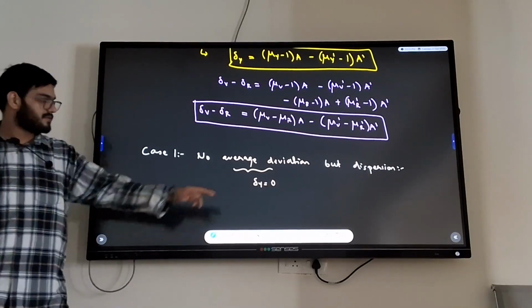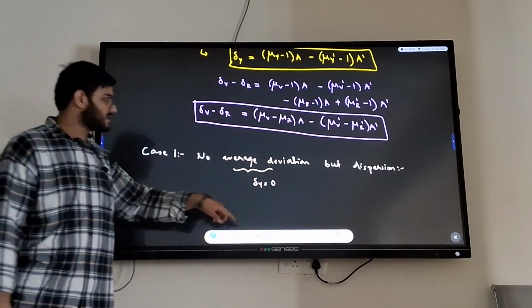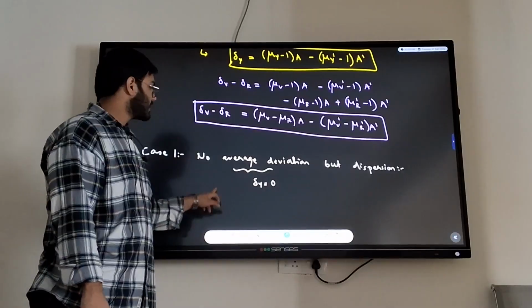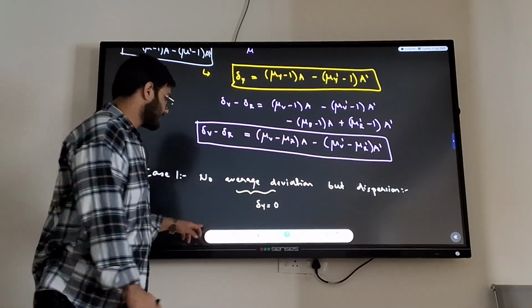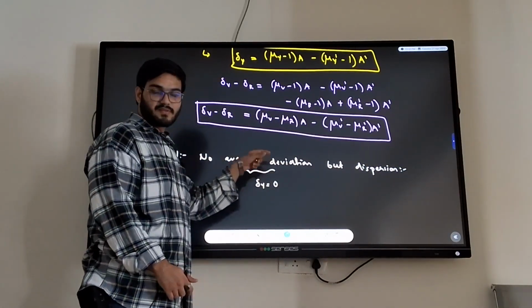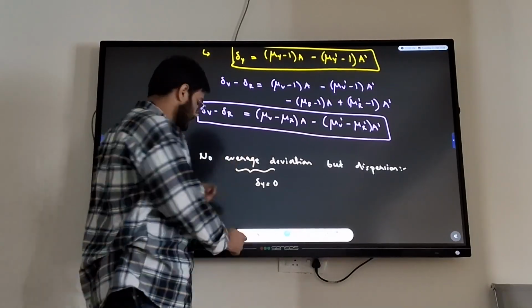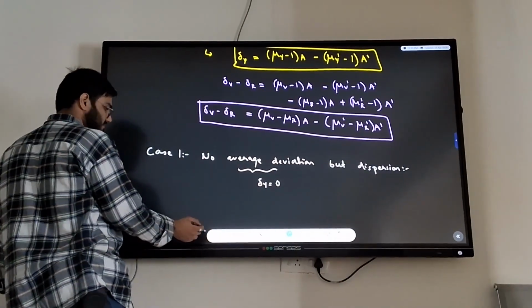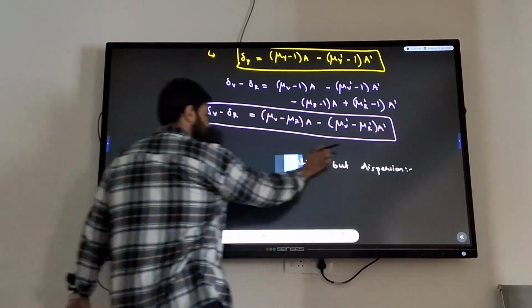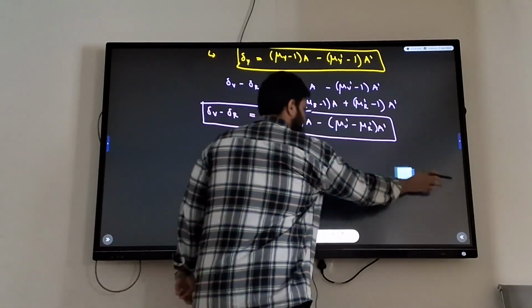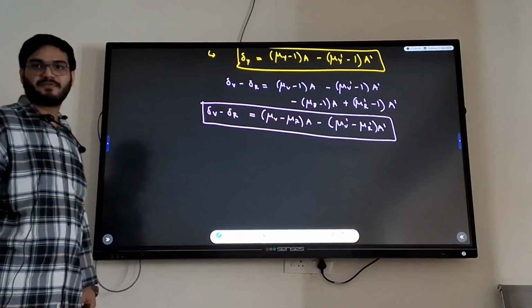If delta y equal to 0, then what is the condition that we find? I should have written something else here. Do you have some space here? What was the definition of omega?